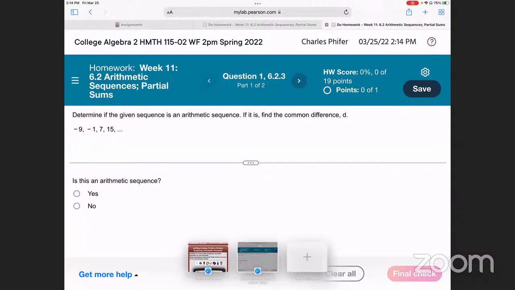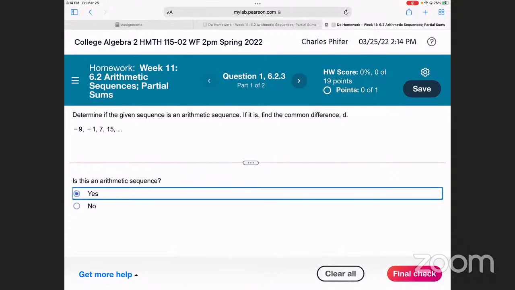I think there's one person that did join. I don't think I got a chance to save it. Hopefully it's still there. Okay, so let's just go through a few of these.